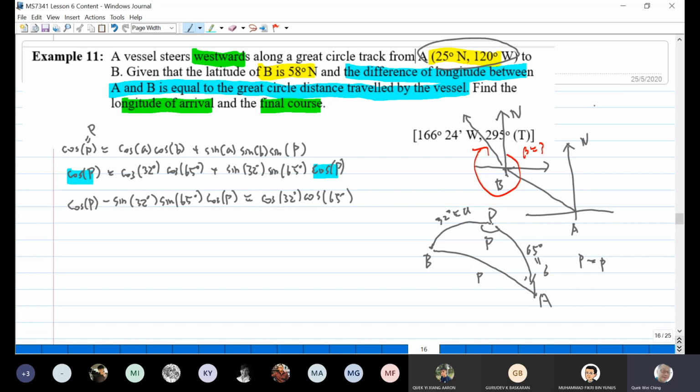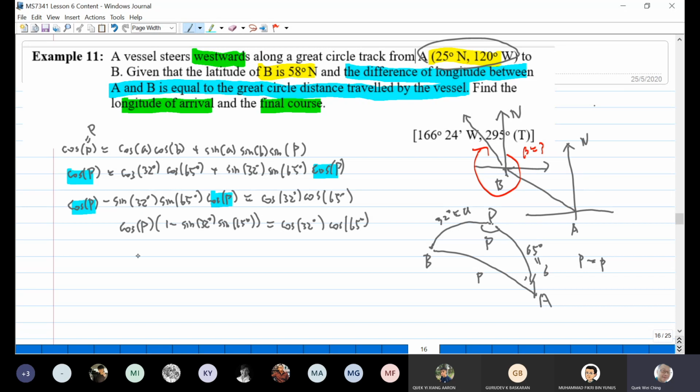And these cosine P are similar terms. So put them together: cosine P times 1 minus sine 32 degrees sine 65 degrees equals cosine 32 degrees cosine 65 degrees.